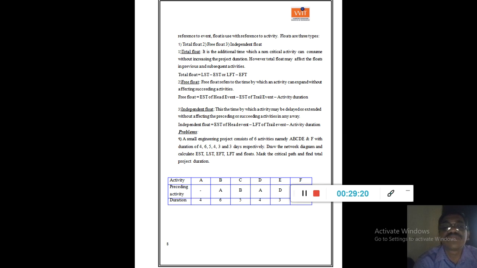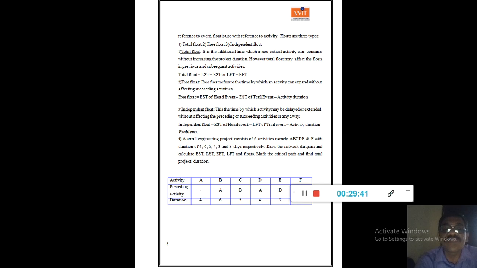However, total float may include the floats in previous and subsequent activities, and total float is calculated by using the formula LST minus EST or LFT minus EFT. Then free float refers to the time by which an activity can expand without affecting the succeeding activities, the next activities.